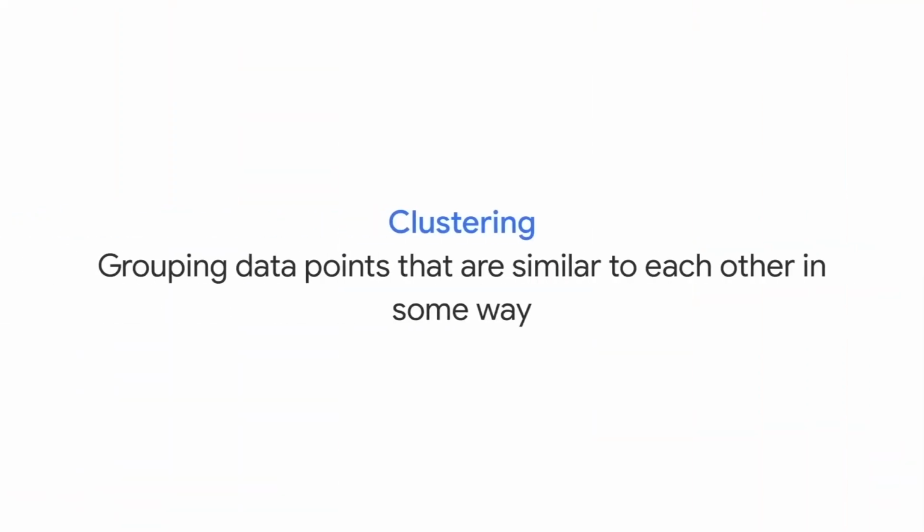Next is a clustering model, which involves grouping data points that are similar to each other in some way. In this instance, machine learning will decide how to group items together based on similarities determined by the model. For example, you may try to determine what geographic area has customers that are the most likely to purchase products.